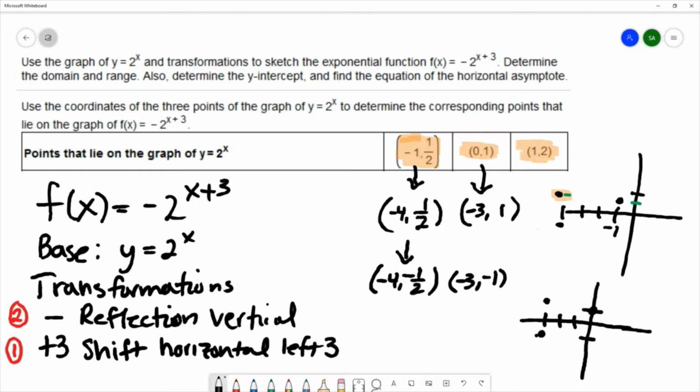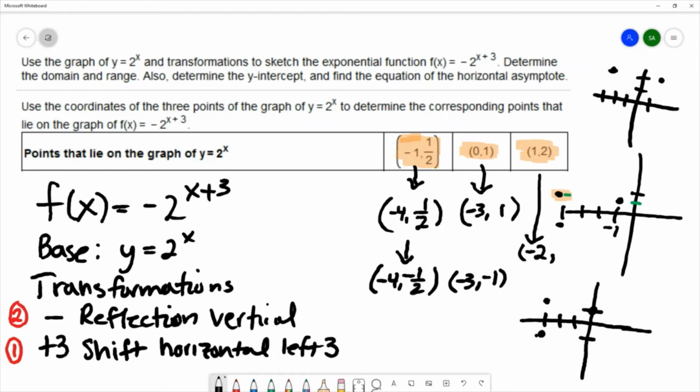And then for the final point, we have the ordered pair 1, 2. We're going to shift left 3. So that x-coordinate becomes -2.